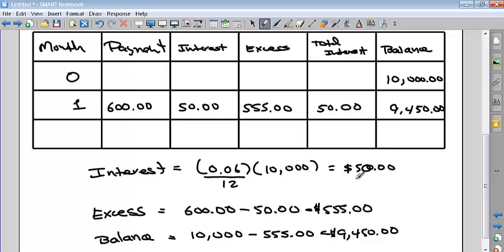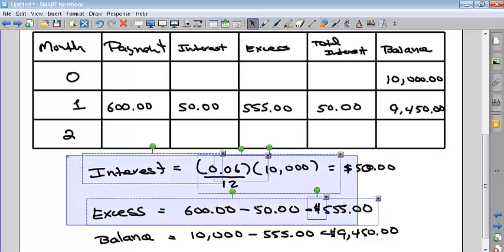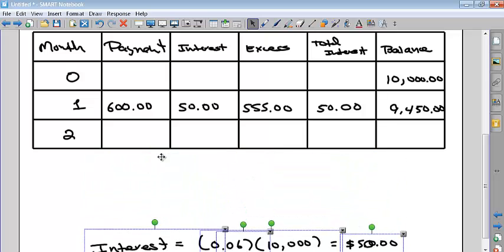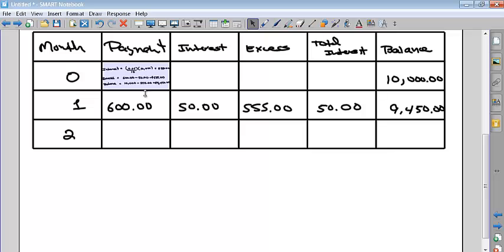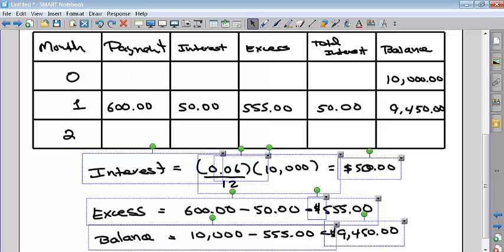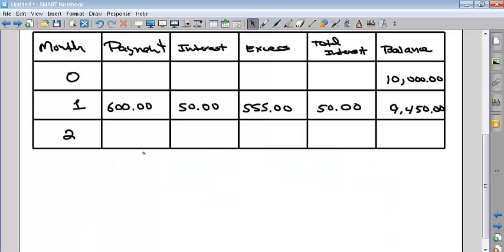Now, then you just start over again. So month 2. The difference is now the balance is less. So what we'll do is we'll take this information and we'll just slide it out of view. Oops, didn't like that. Not sure how that happened. Let me just delete it. Okay, so we just start over again.